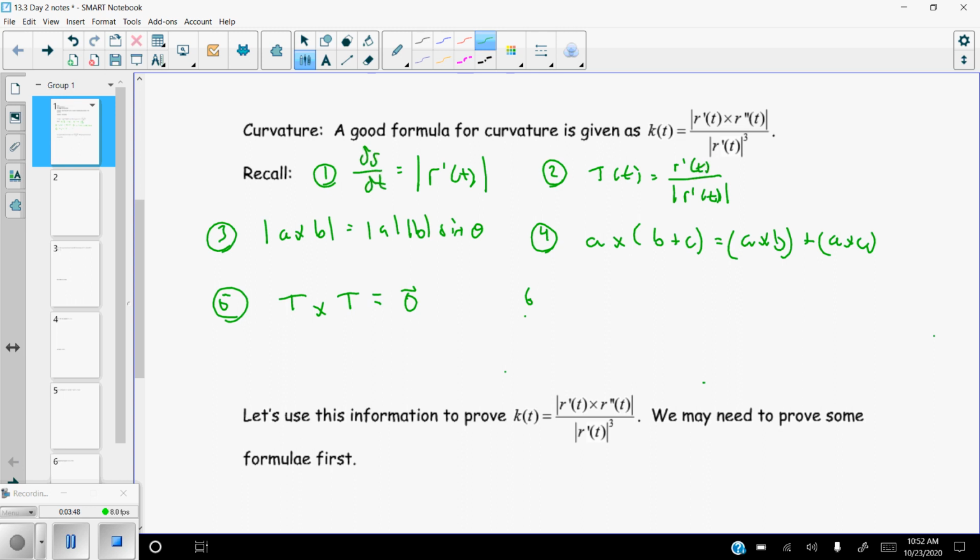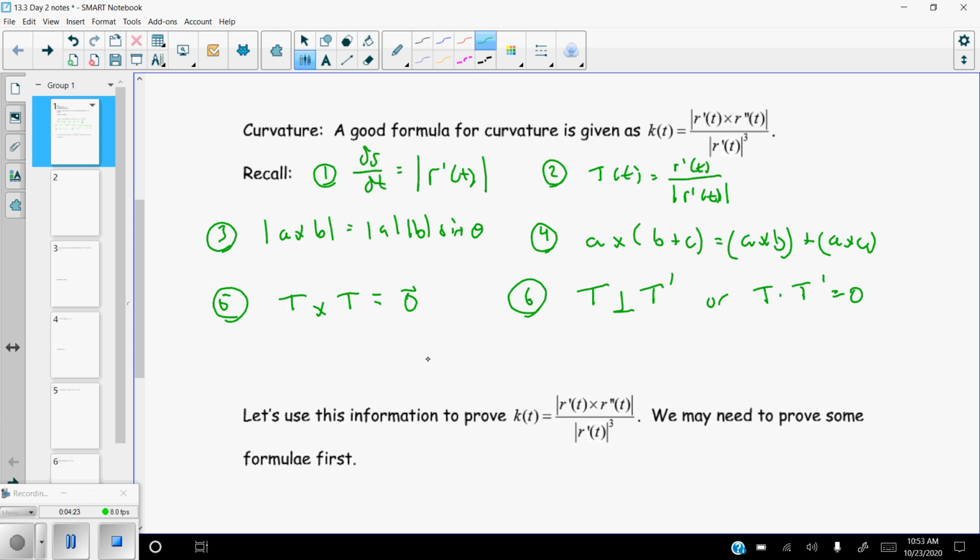The sixth thing that we need is that if I were to take the tangent vector and its derivative, those 2 things will be perpendicular to each other. Or another way to think about that is that T dotted with T prime will equal 0. Just a good check.